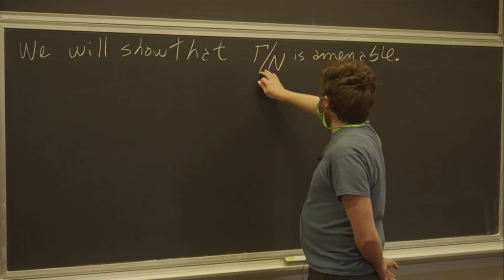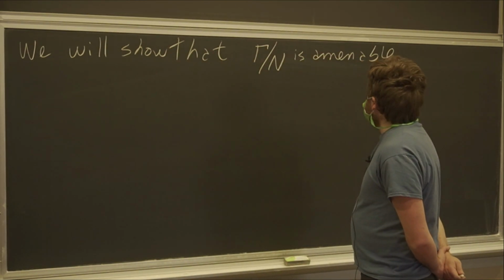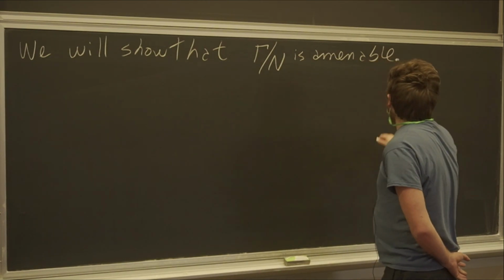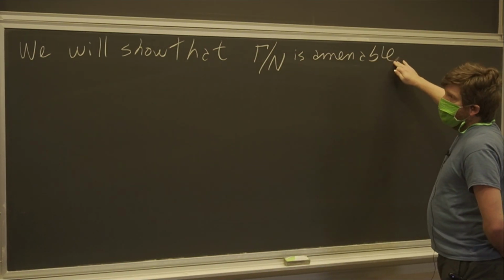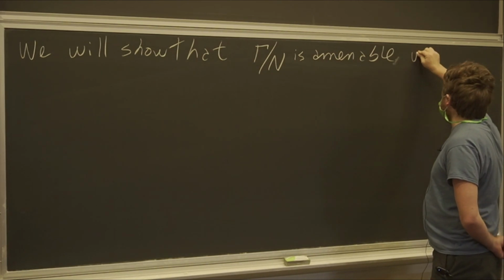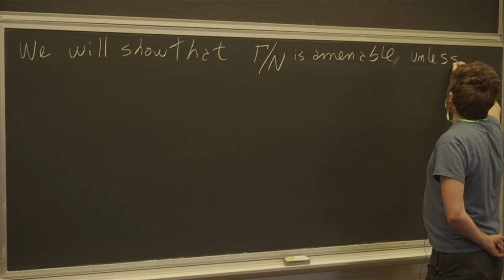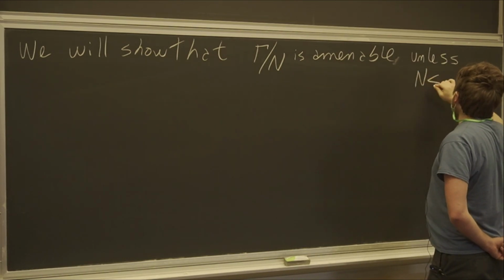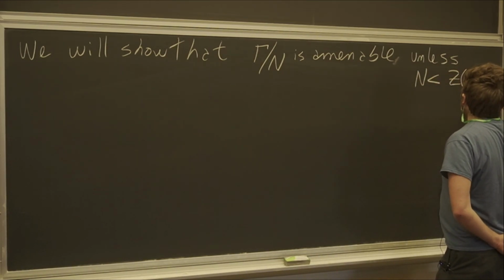So this will give that this is finite. So we will show that this is amenable unless something happens, and that something is N is a subgroup of the center of G.